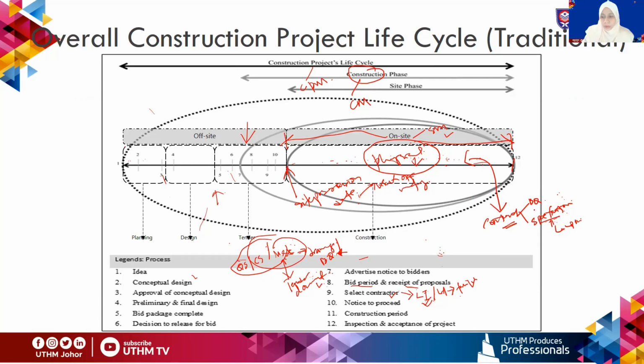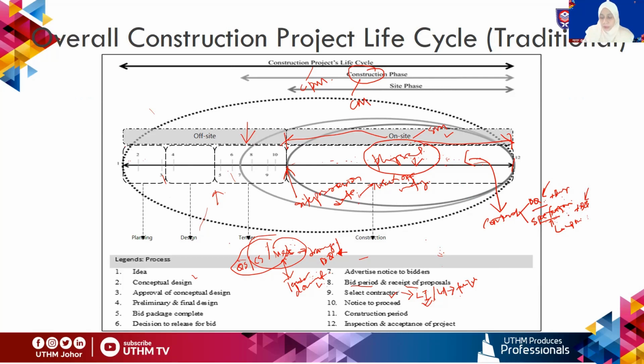So if the contract is based on BQ, basically the activities is apa yang ada dalam BQ lah. Itu yang paling utama. Dalam contract document, dia ada BQ campur drawing kan. Dalam contract based on drawing and specification pun dia ada drawing juga. Dia ada BQ juga. Cumanya BQ ni digunakan for the purpose of claim saja nanti.